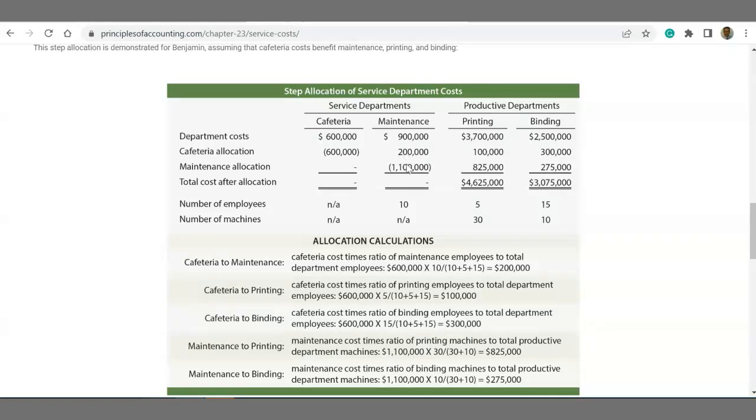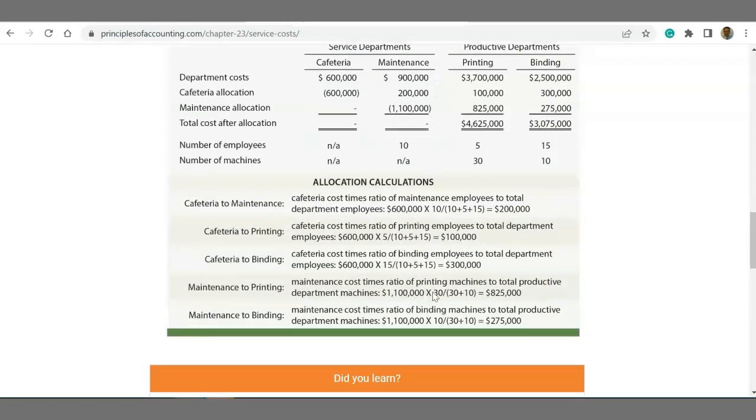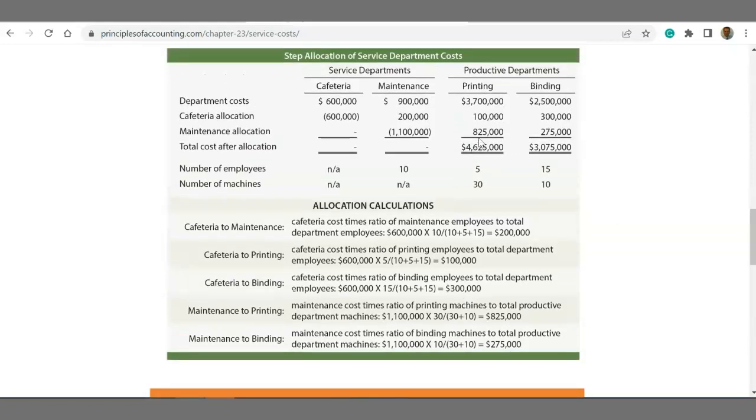But maintenance just provides maintenance to machines which are in printing and binding. So now the maintenance has total of 900,000 plus 200,000, that's 1.1 million. That $1.1 million times 30 machines out of 40 machines, that gives 825,000 to printing, and 1.1 million times 10 out of 40 machines gives 275,000 to binding.